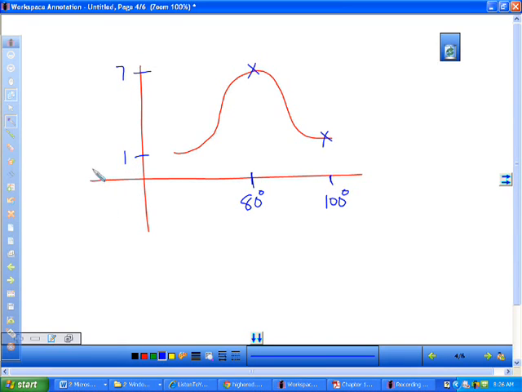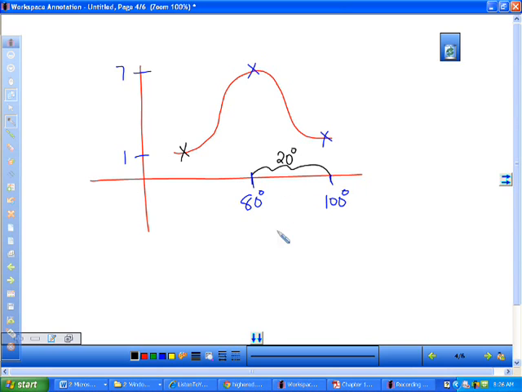I gave you enough information to write the equation. My full length would be from minimum to minimum, but I don't know what this value is. But I do know this displacement. What's the difference between 100 and 80? 20 degrees right there.